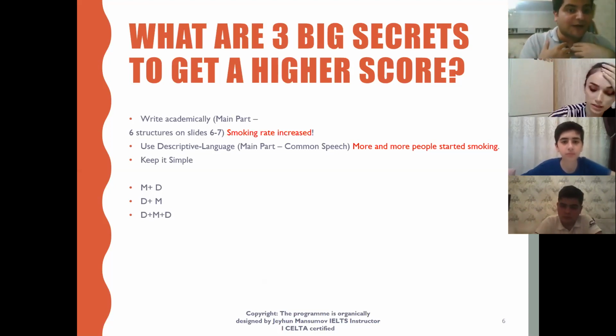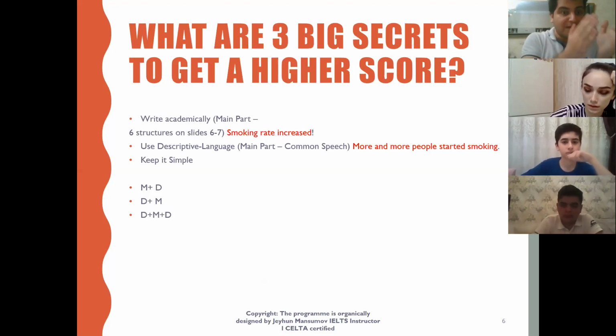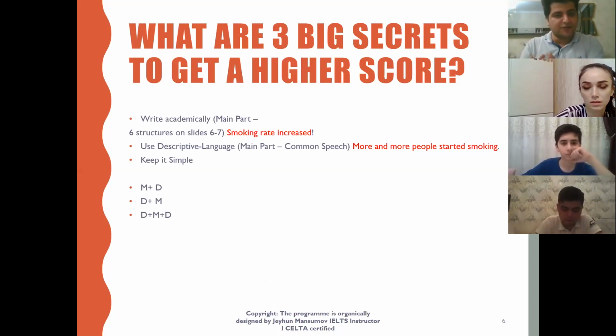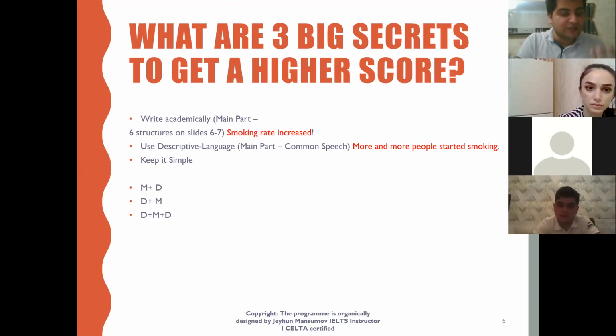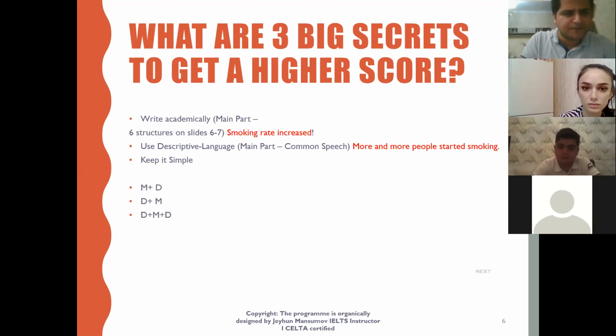Exactly. So this is why we put information and detail in M and D sections. So M plus D, D plus M, and D plus M plus D. And in future lessons, I'm going to clarify how it happens, why main is different from detail, and how they are different by structure as well.